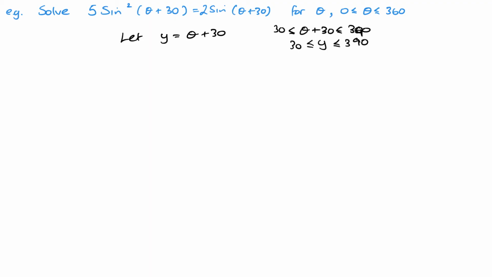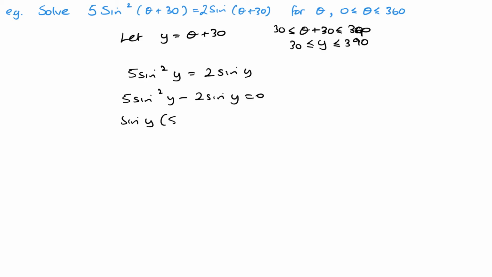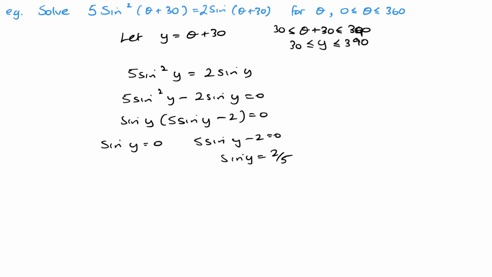Now, I'll skip a little bit, fast forward here. And now we're in the same spot as before, but we're using y instead of theta plus 30, which is a lot nicer to do.